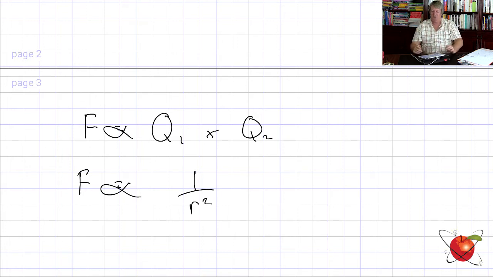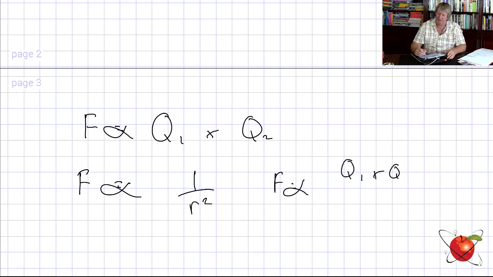So that means force is proportional to Q1 times Q2 over R squared. What does it mean? It's proportional to the product of the two charges, in other words, how much they are. And it's inversely proportional to how far away they are, right?